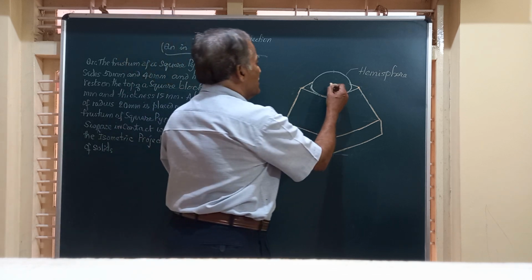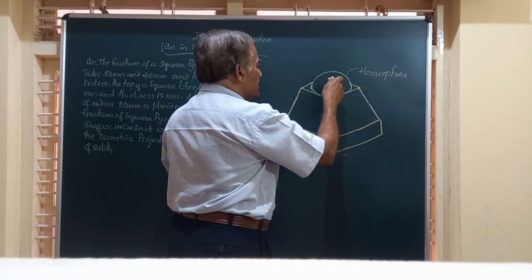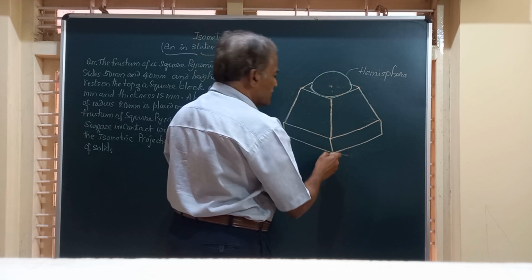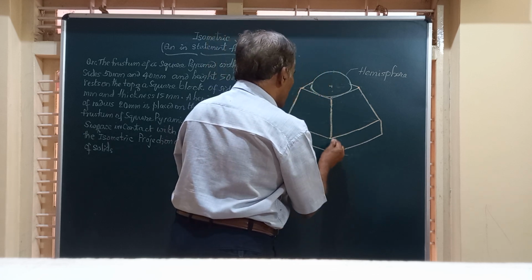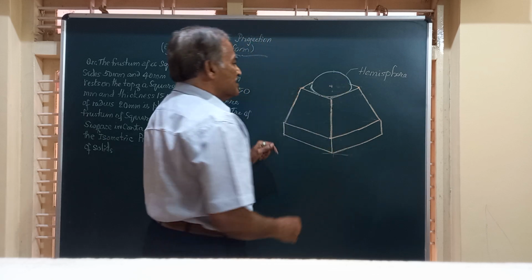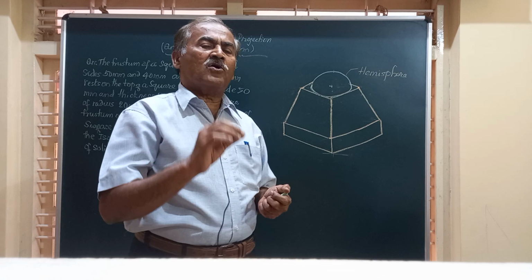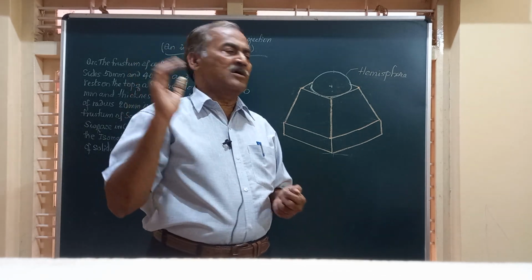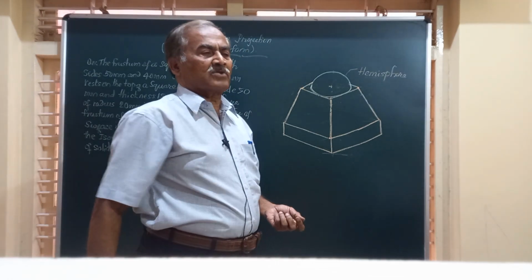And friends, remember the axis of the hemisphere, that of the frustum of the square pyramid, and also that of the square block, all these fall on the same line. That is to say, the centers of all these are collinear, or the axes of these fall on the same line.